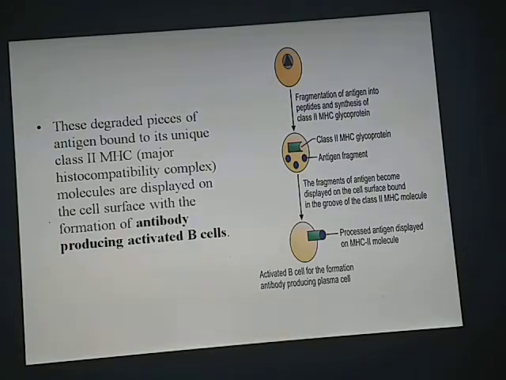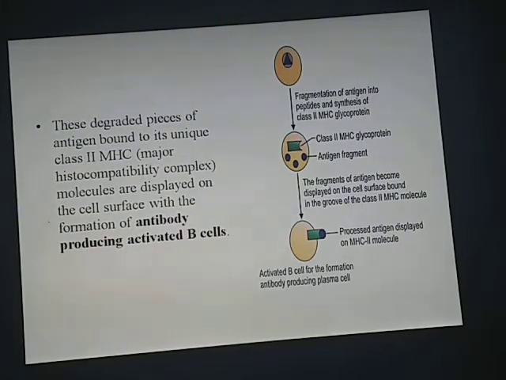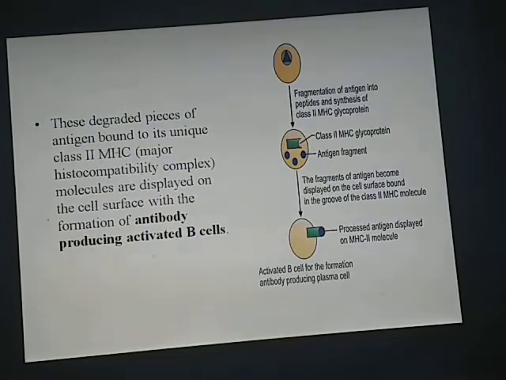These degraded pieces of antigen, bound to its unique class 2 major histocompatibility complex molecule, are displayed on the cell surface, with the formation of antibody producing activated B cells, which you can see in the diagram.